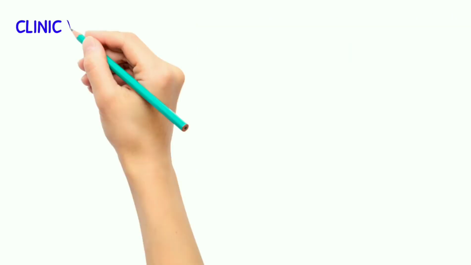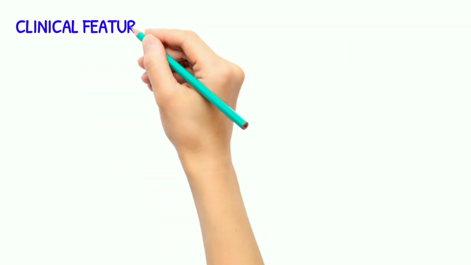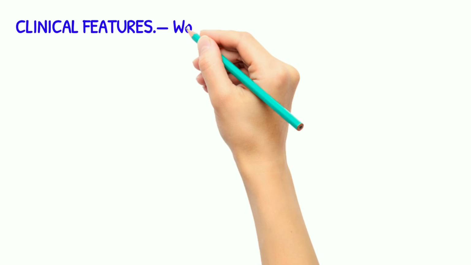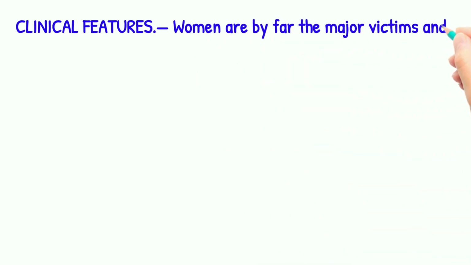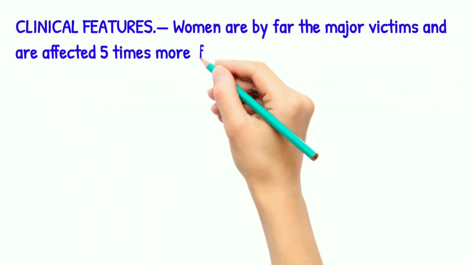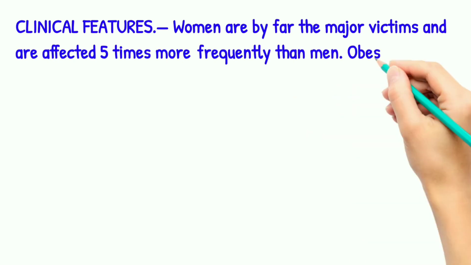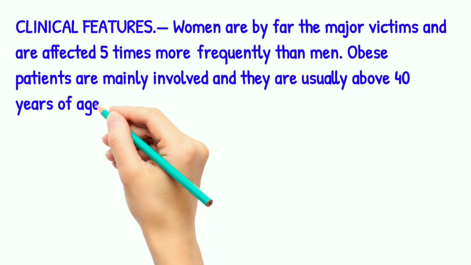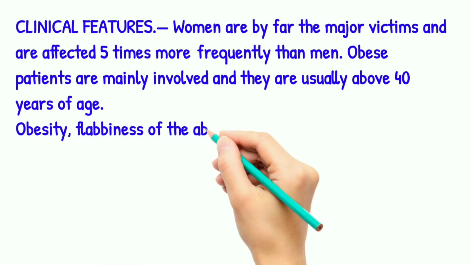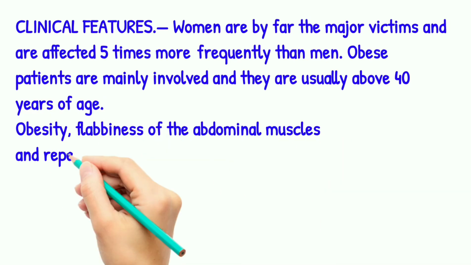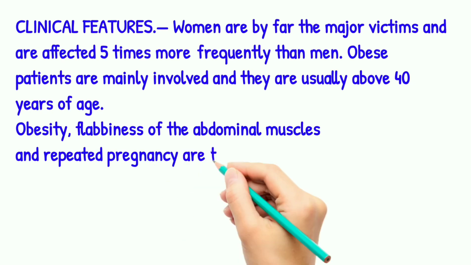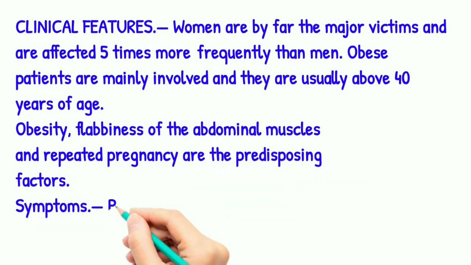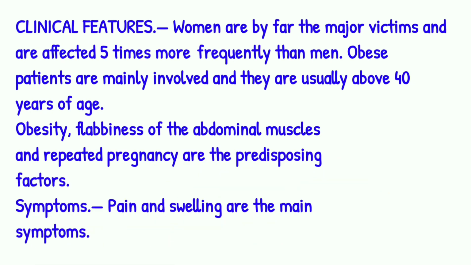Now let's see what are the clinical features. Women are by far the major victims and are affected 5 times more frequently than men. Obese patients are mainly involved and they are usually above 40 years of age. Obesity, flabbiness of the abdominal muscles, and repeated pregnancies are the predisposing factors.